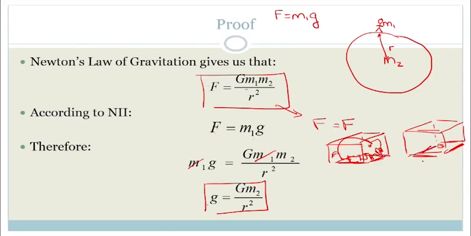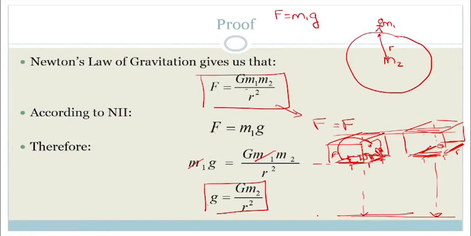Because air resistance is dependent on the surface area of the objects. So if we drop them at exactly the same point in time from exactly the same height, then they will hit the ground at exactly the same time as well.